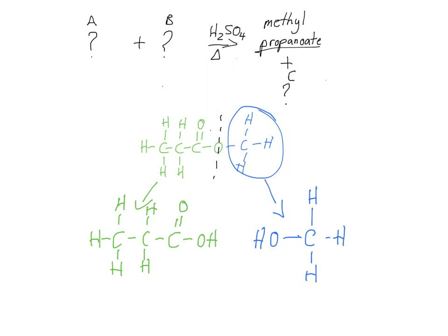And this also gives me product C. So the OH from the acid and the H from the alcohol, they go away. And what is product C? Water, H2O. And for this reason, because you're making water, which is a condensate, you will very often find that these are called condensation reactions.